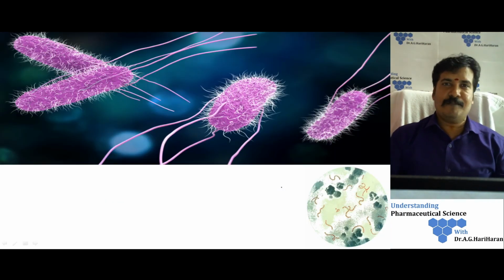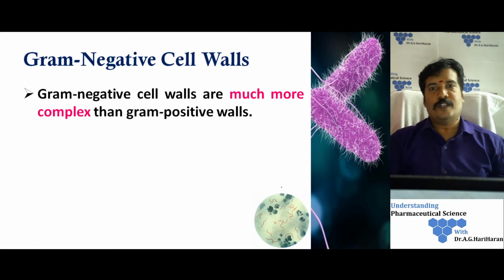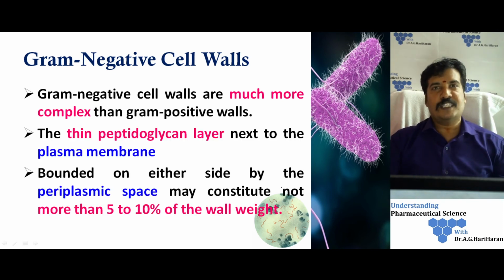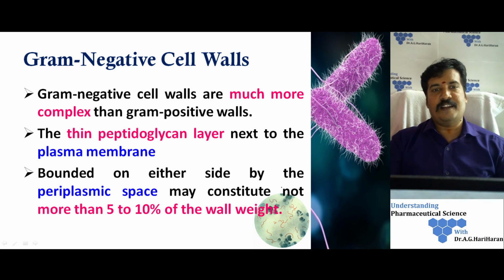The second major cell wall type is the gram-negative cell wall. I already told you that it is more complex compared to gram-positive walls, even if we study it chemically, because it carries a thin peptidoglycan layer after the plasma membrane, then a somewhat thick outer membrane, then a periplasmic space between the outer membrane and the plasma membrane.